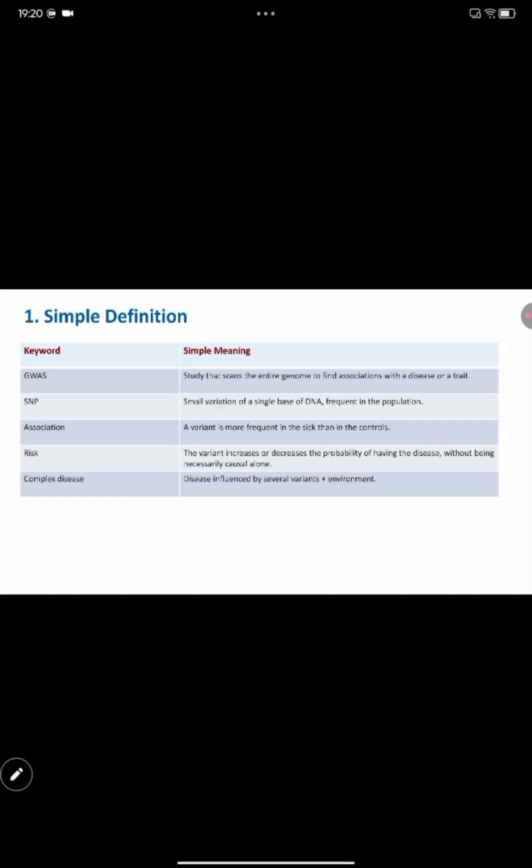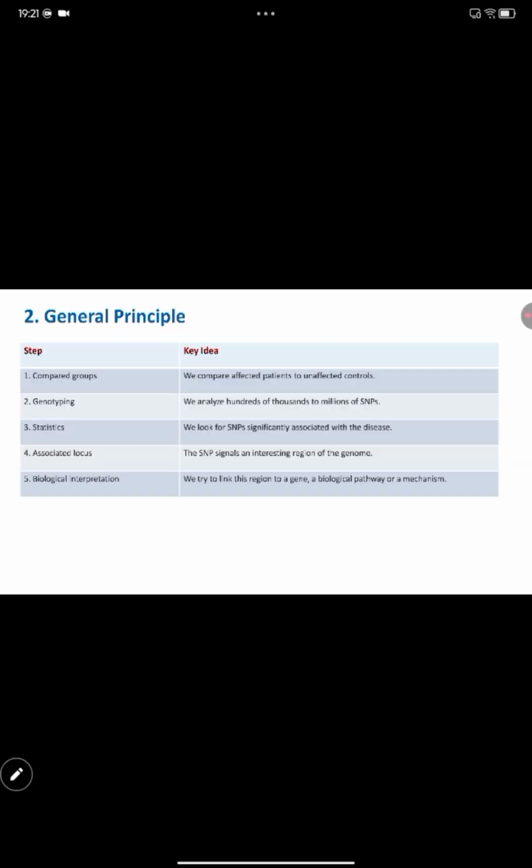And now let's move on to some general principles. So the general principle of a GWAS follows 5 steps. First of all, we compare two groups, affected patients and unaffected controls. Second, we perform genotyping by analyzing hundreds of thousands to millions of SNPs.